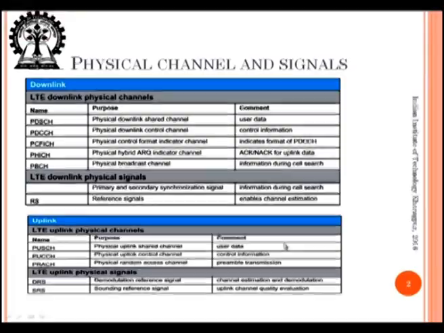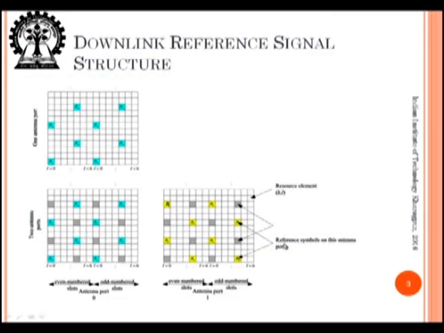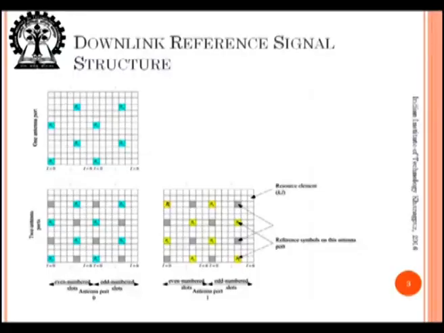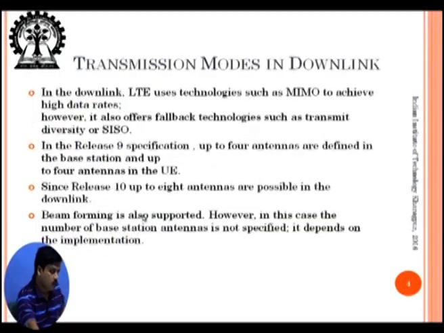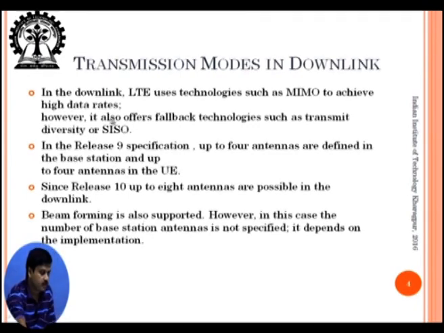So, in LTE, we are not going to talk about OFDM. We will simply talk about the MIMO mode. So, we will skip some of the information which may be available here. In LTE, there are many different modes which have been proposed because of the released versions.